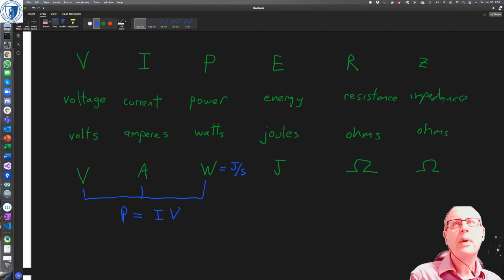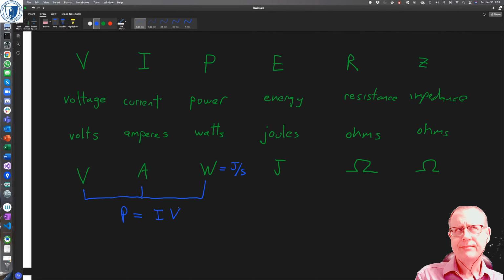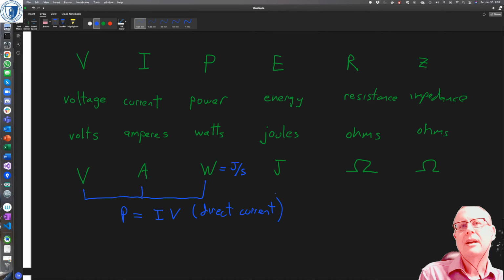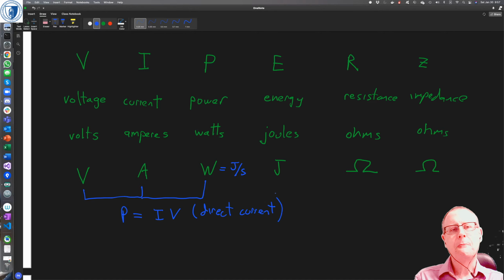The power is equal to the voltage times the current. Now, that is only true for direct current, or constant current and constant voltage. If you're talking about AC, the sort of voltage and current that comes out of the power point in the wall, that also has a thing called the power factor, which we'll maybe talk about in the second half of the course.